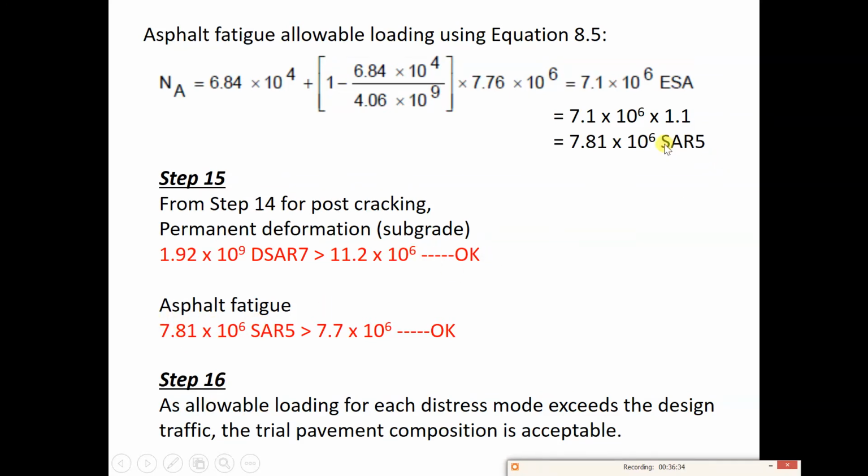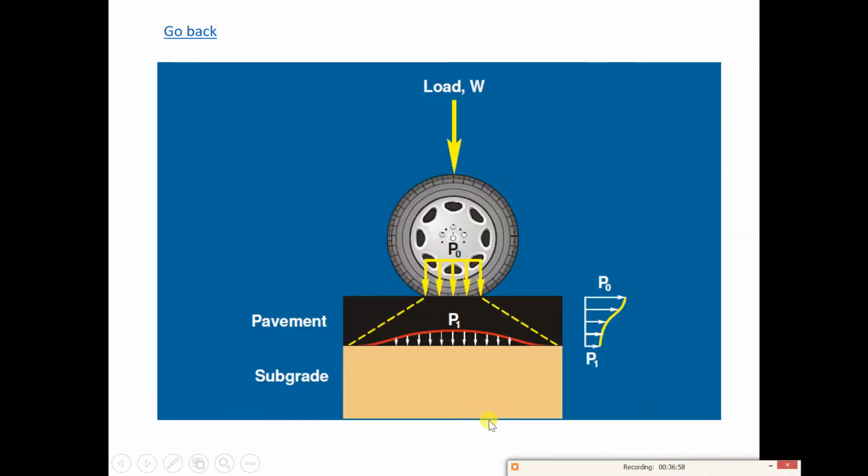For fatigue, 7.81 times 10 to the power 6 is greater than 7.7 times 10 to the power 6. Okay. So this shows that the distress is satisfied. So the trial pavement composition is acceptable.